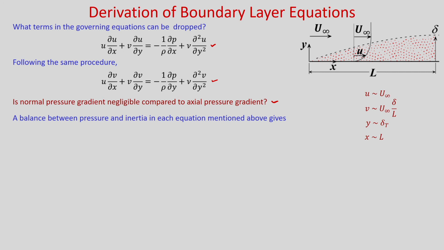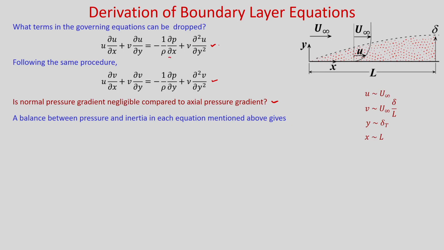Now, let us consider each pressure gradient term with the corresponding inertia term. Okay. So, in the u momentum equation compare this term with the inertia term, and in the v momentum equation compare this pressure gradient term with the inertia term, because both terms are of the same order, as we have already seen. So, you can take any one term.